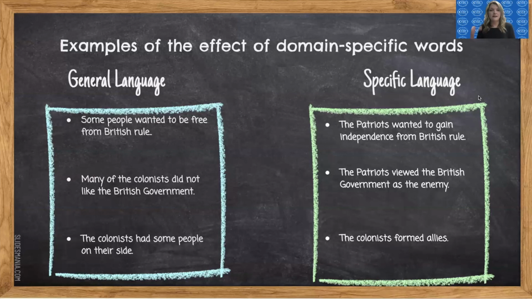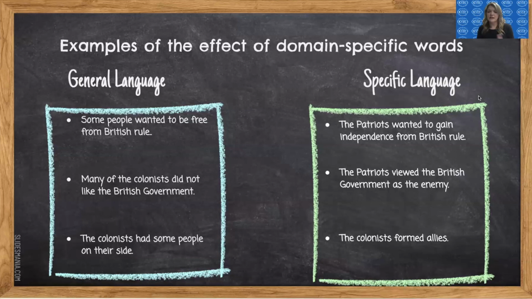Independence is a higher level word than free, and it makes it sound more authoritative. So now we have: the Patriots wanted to gain independence from the British rule. See how different that sounds, and we just changed two words.